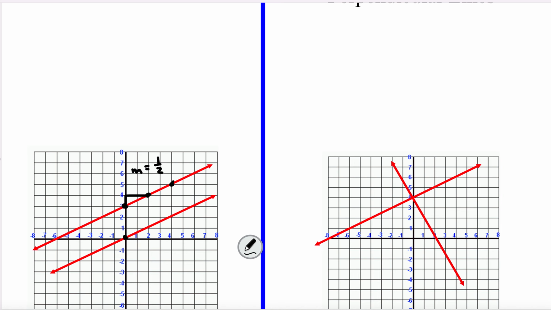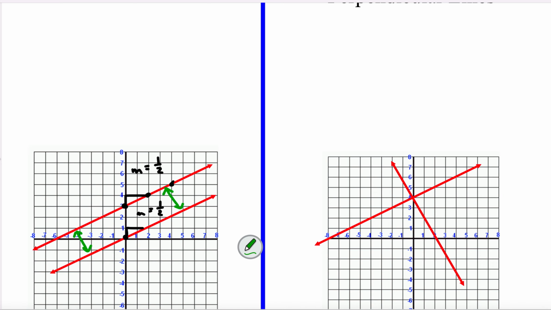If I go to this line here, I'm rising 1 and running 2. So my slope here is also 1/2. So these are parallel lines. They'll never intersect, and you can see the distance between them is consistent all the way through.